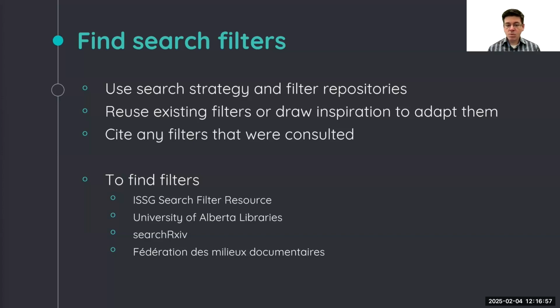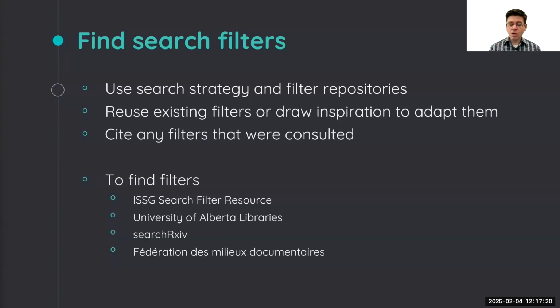If you're interested in finding reviews, you can turn to different repositories, as I've mentioned. I've listed a few here on the screen. The ISSG one points out to a variety of different tools available online. University of Alberta, I included their libraries search filter on my list because they tend to have a lot of relevant Canadian filters as well.